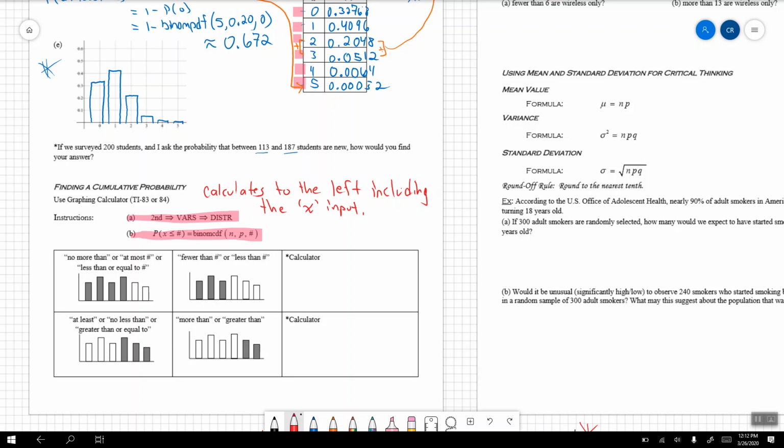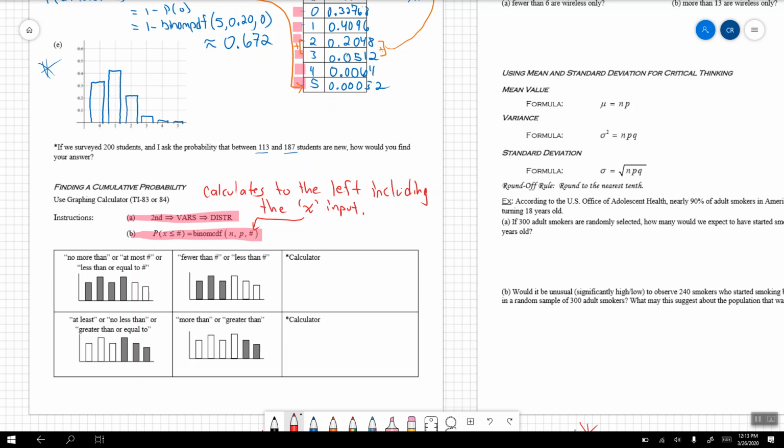This means that when we give that X input here, it's going to calculate the addition of all of the probabilities starting from that number onto the left. So if this input was, let's say, 4, then it's going to calculate the probability of 4 plus the probability of 3 plus the probability of 2 plus the probability of 1 plus the probability of 0. Right? So we have to be very, very careful with this.